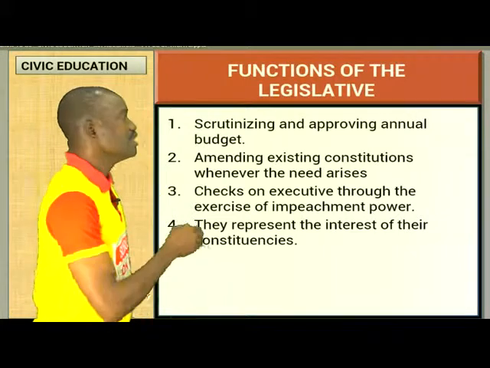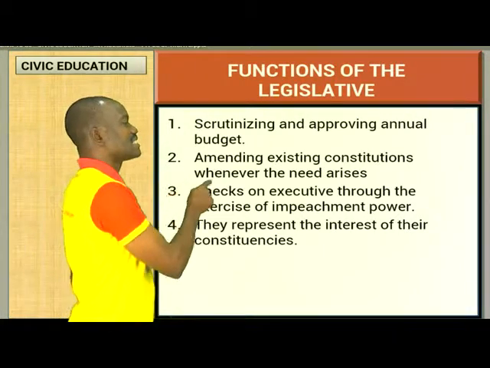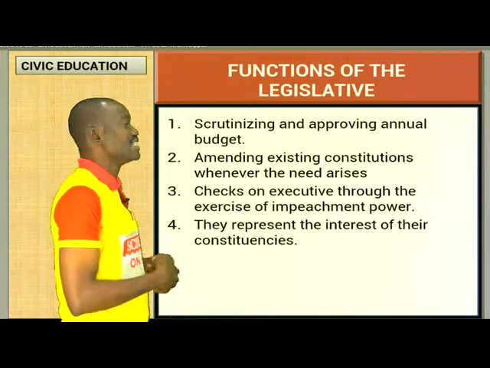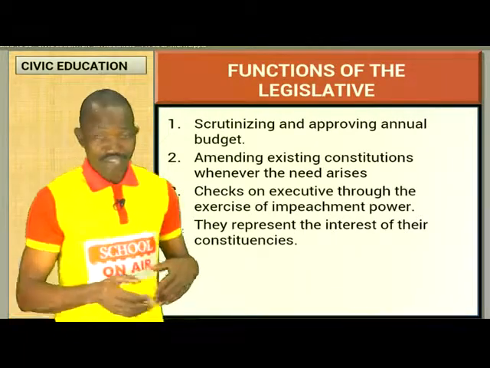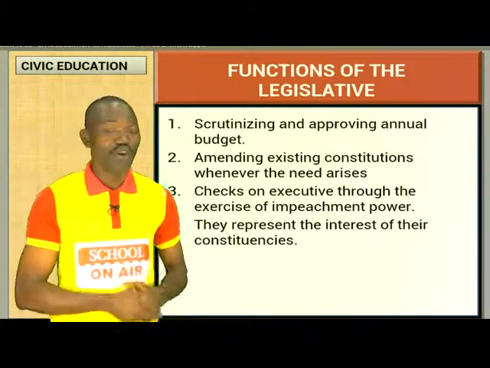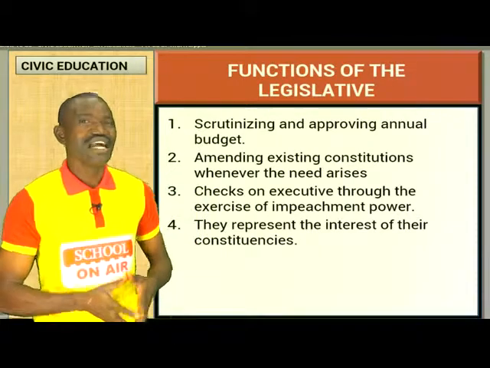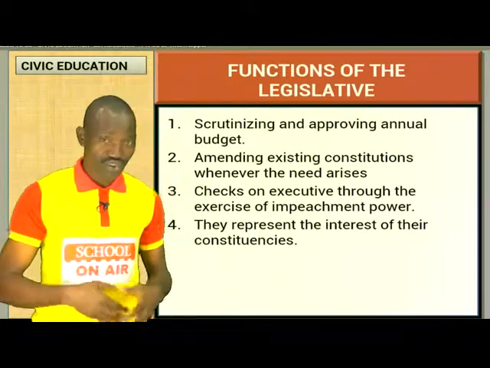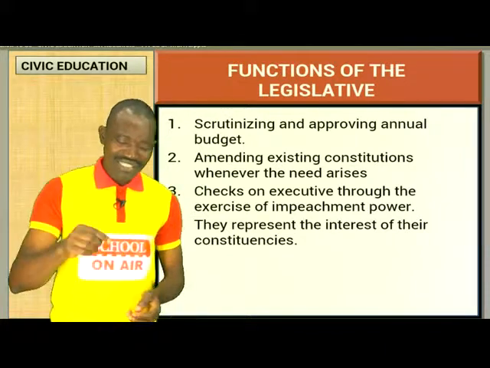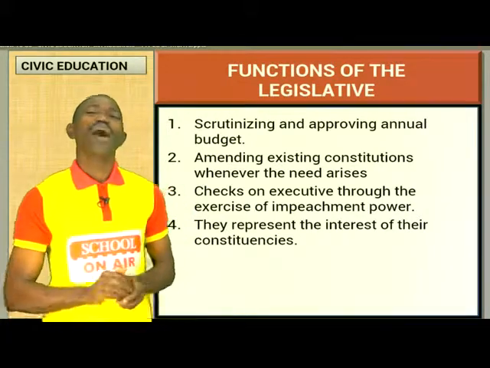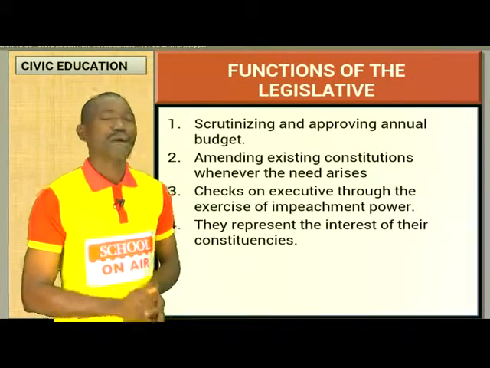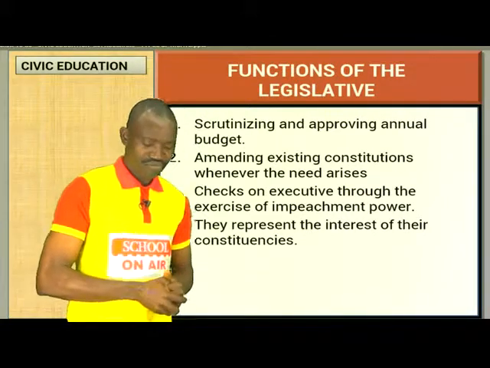Number two, the legislature amends existing laws whenever the need arises, even though there are some procedures to be followed, because Nigeria is operating a written constitution. And so it is the duty of the legislature to amend existing laws, apart from making laws.